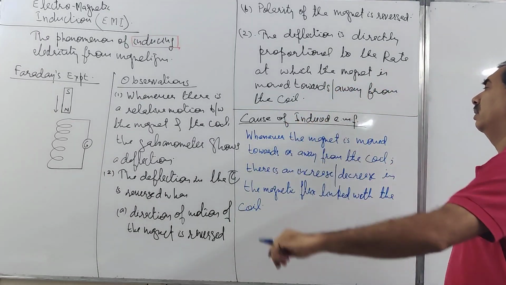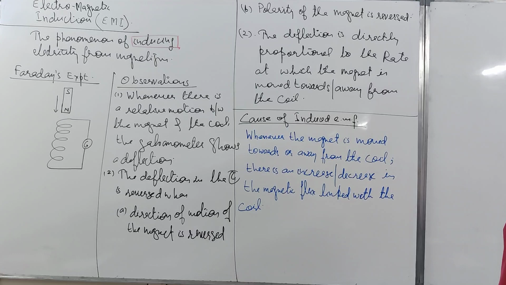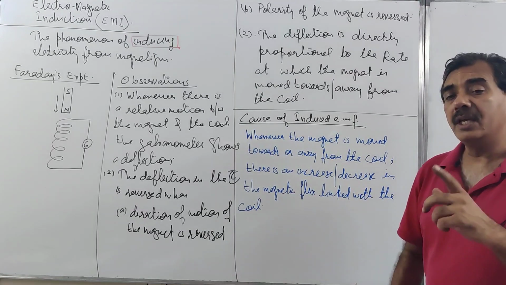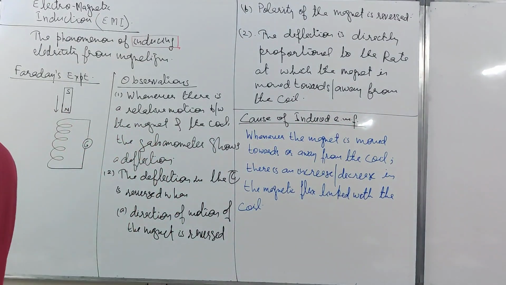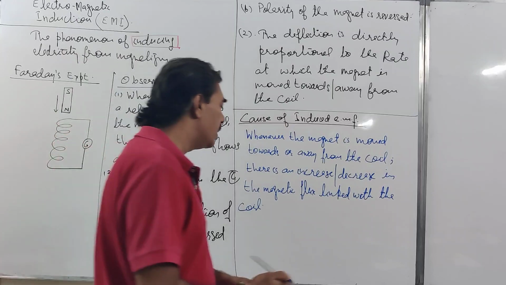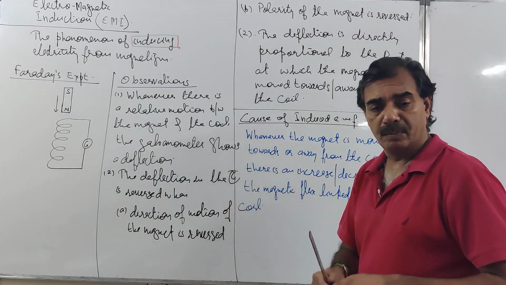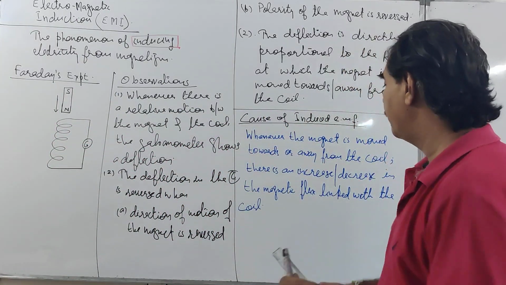Whenever the magnet is moved towards or away from the coil, there is an increase or decrease in the magnetic flux linked with the coil. And it is this changing flux and not its mere presence which is responsible for the EMF induced.